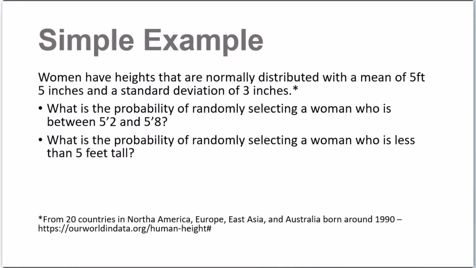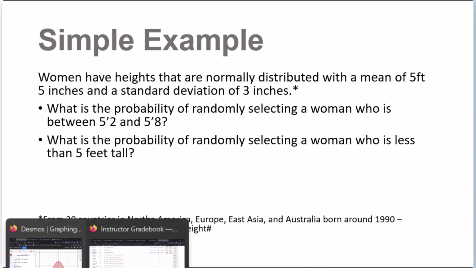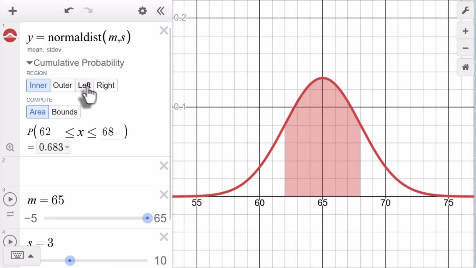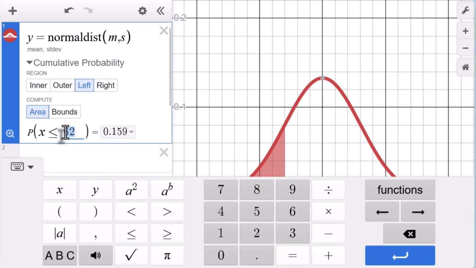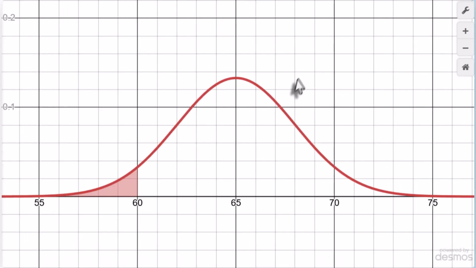Another example question, what's the probability of randomly selecting a woman who is less than 5 feet tall? This is not going to be using the empirical rule, because 5 feet isn't exactly 1 or 2 standard deviations above or below the mean. But using technology of some sort, we can still calculate this. So I would be looking at, what is the probability of a height less than 60 inches. Visually, here's 60.